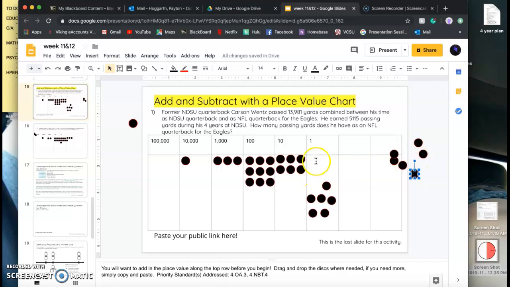And I cannot take 5 out of the 1,000s. So I'm going to take 1 from the 10,000s right here. 1 10,000 will give me 10 more 1,000s.